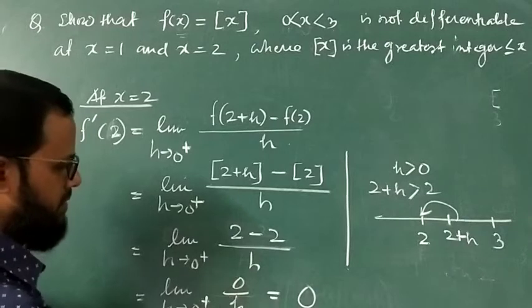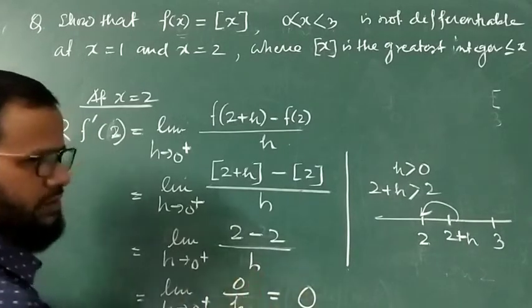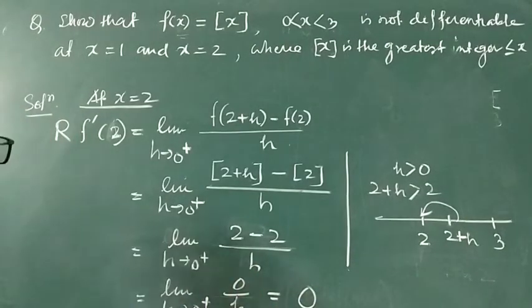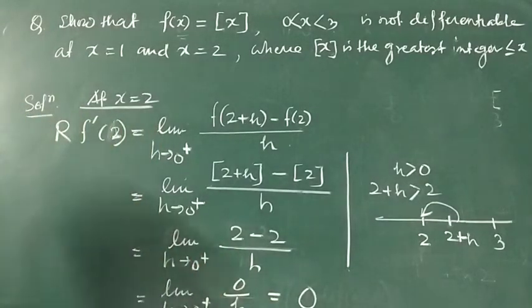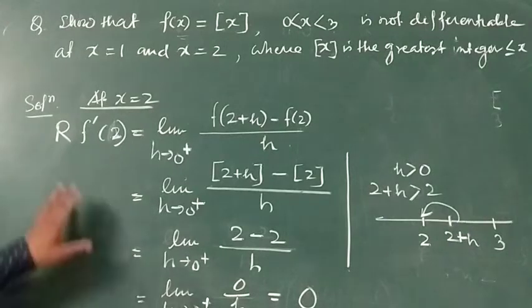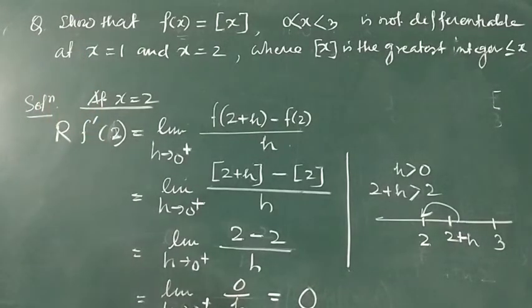So we can say that this is defined and the value is 0. Understood? The right hand derivative exists, but since the left hand derivative does not exist, we can conclude that the function is not differentiable at x equal to 2.